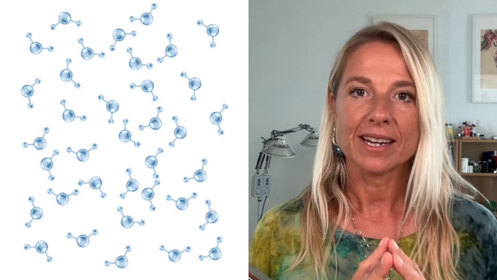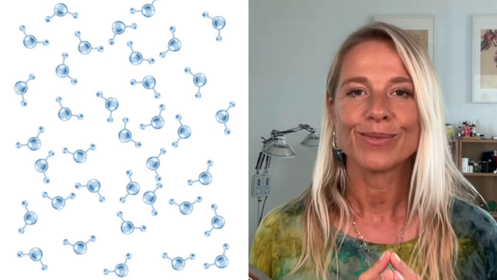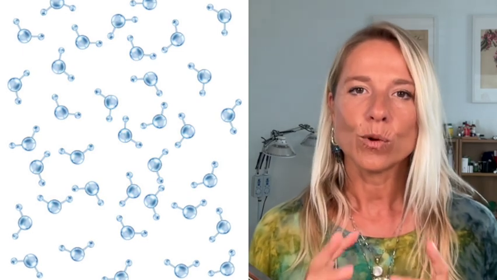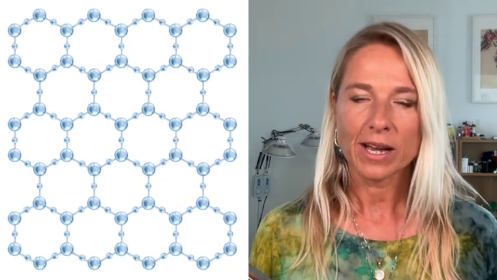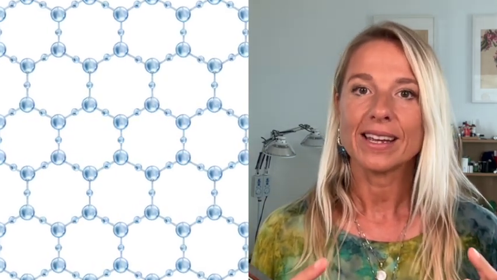But when that water is acted upon by coherent electromagnetic signals, so for example, once again, the sun's energy or infrared, so warmth, then those water molecules start to move in such a way that they start to organize themselves into a lattice or a more coherent structure. And when the water is in this state, it allows for clearer communication of, say, vital information about health and healing, about areas that need to repair, about where certain hormones or neurotransmitters or information about them might need to go in the body.